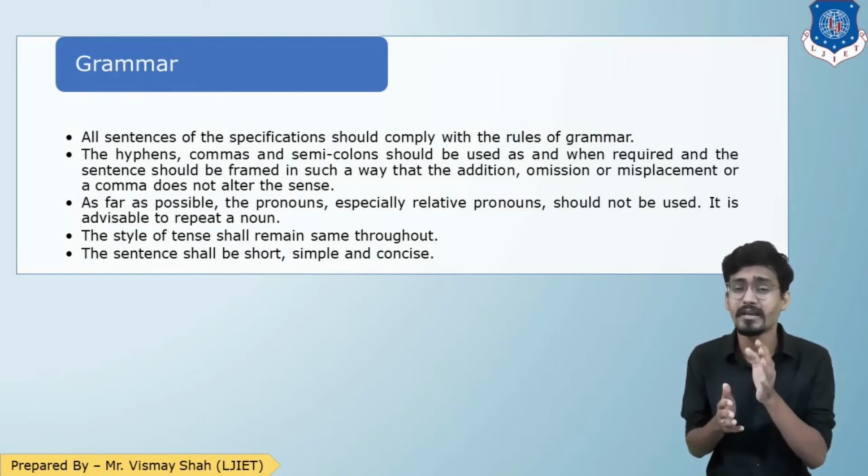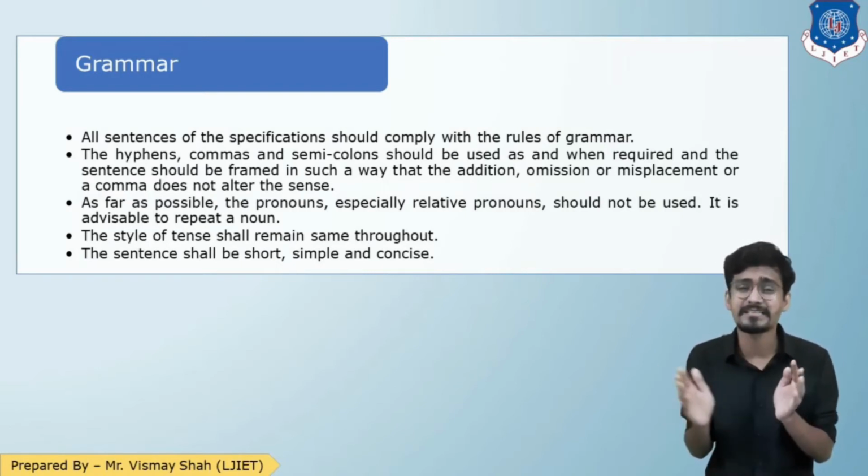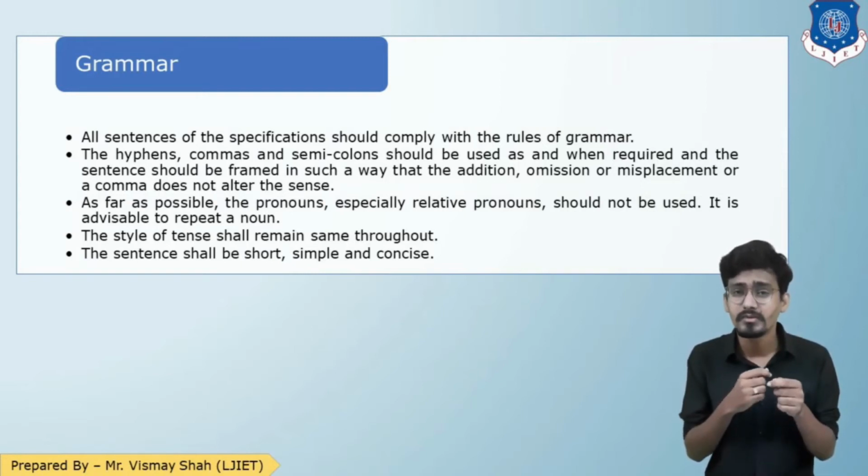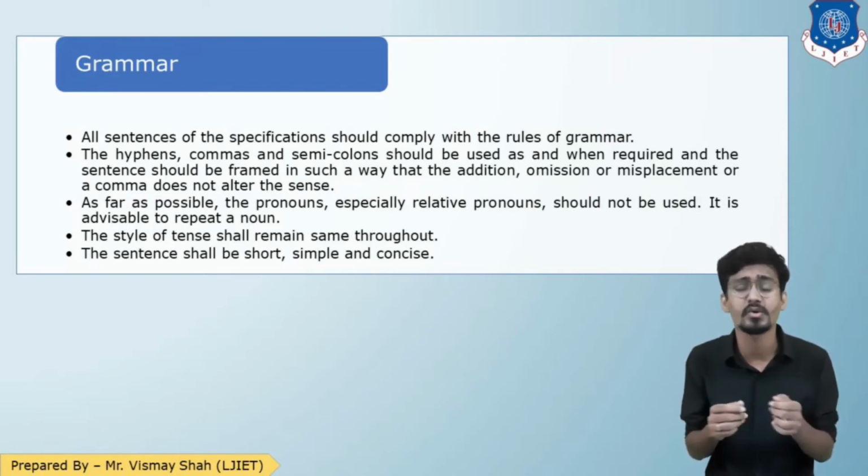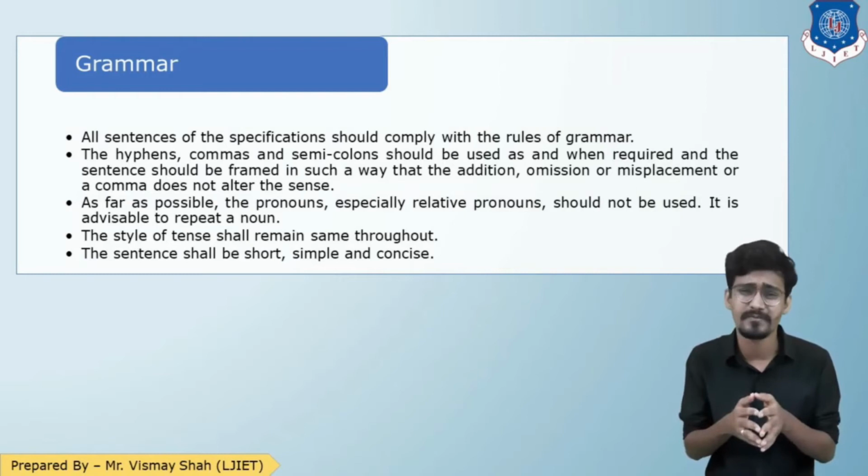You just provide the information which you exactly want to give. No other extra information, no lengthy sentences, and don't drag the sentences with the use of ands, commas, and buts. So don't do that while writing the specification. Try to keep it as simple and as short as possible. So that is about grammar.